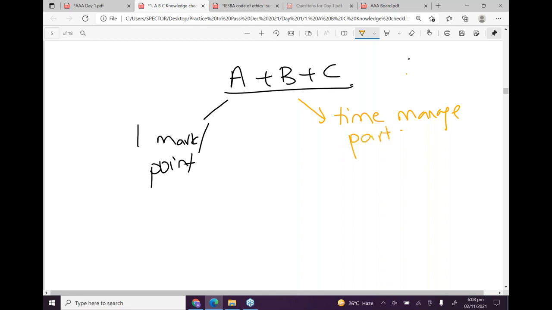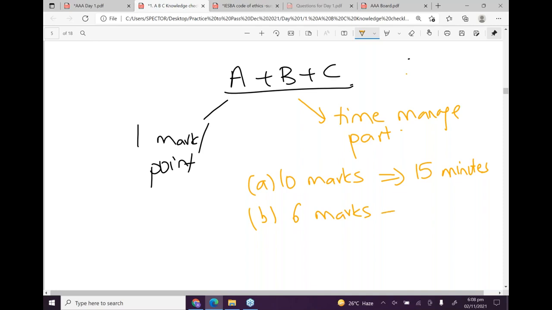So in the actual exam, if for example, part A is 10 marks, the rule is 1.5 minutes per mark. You will not spend more than 15 minutes on this one. So your examiner says if you use this rule, you have a much higher chance of passing the paper.